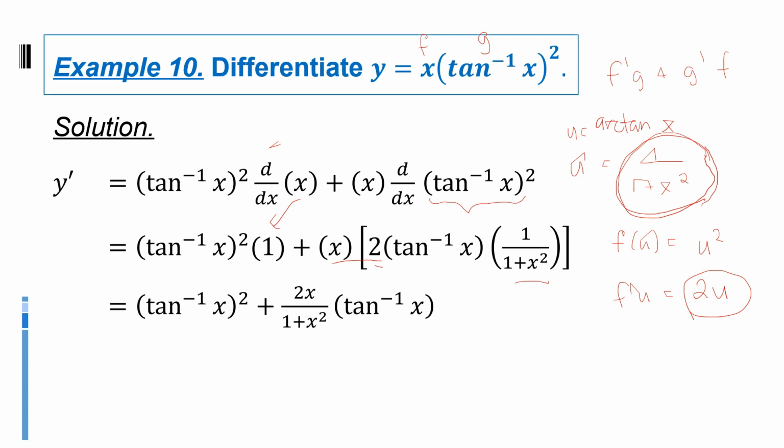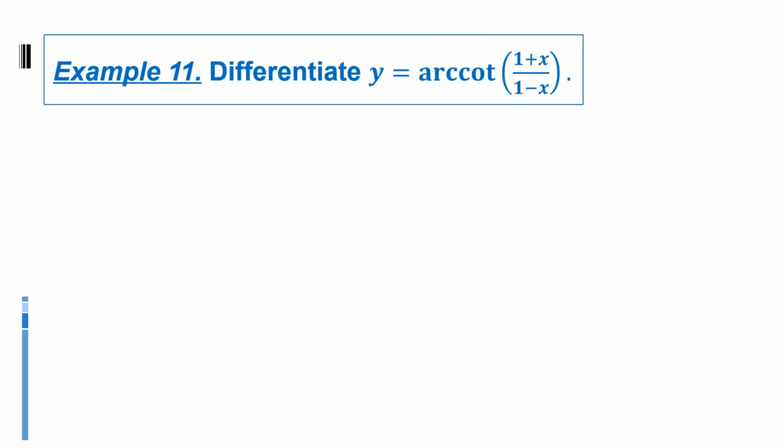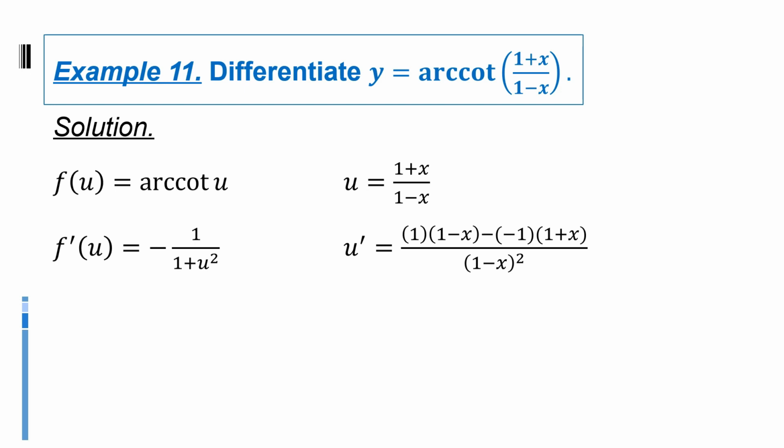Differentiate y equals arc cotangent of the quantity 1 plus x all over 1 minus x. So our f of u here is arc cotangent of u with a derivative of negative 1 over 1 plus u squared. Our u is equal to 1 plus x over 1 minus x, using our f prime g minus g prime f over g squared. So we have 1 times 1 minus x minus negative 1 times 1 plus x all over 1 minus x squared.